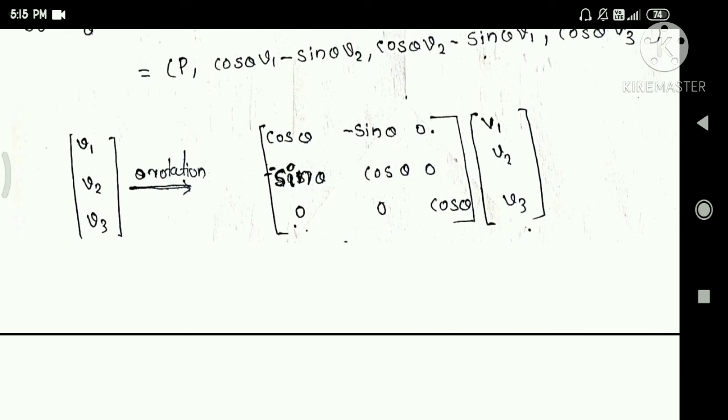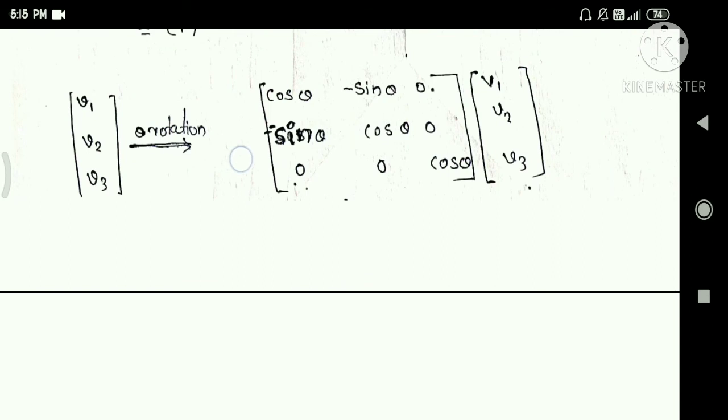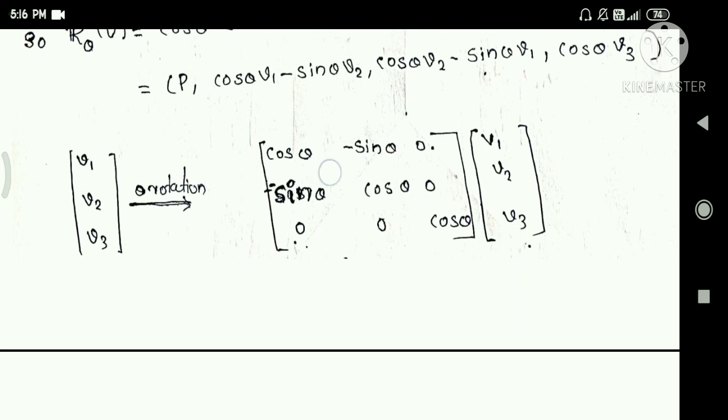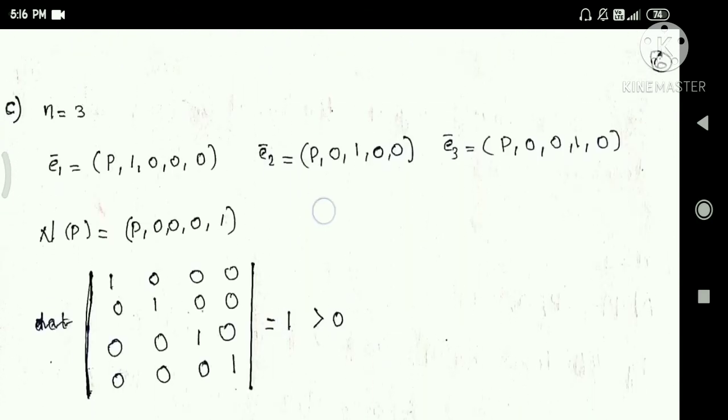By putting positive values for theta, you can see that the vector is moving in counterclockwise direction. Hence here the positive theta rotation is in counterclockwise direction. In general, positive theta rotation is always in counterclockwise direction.